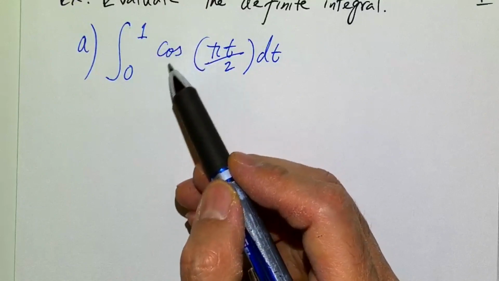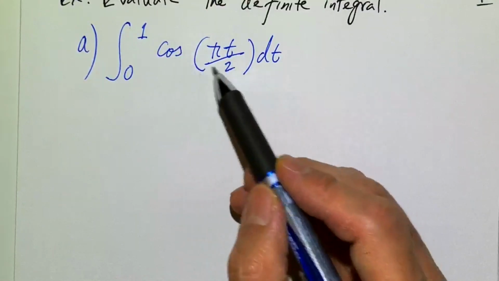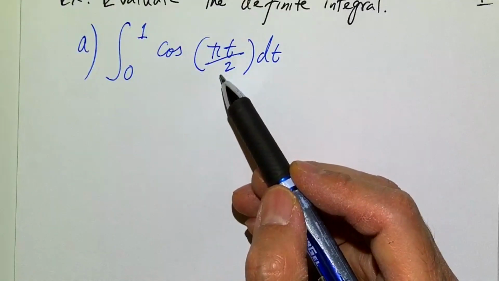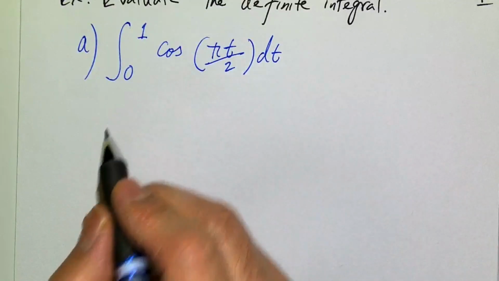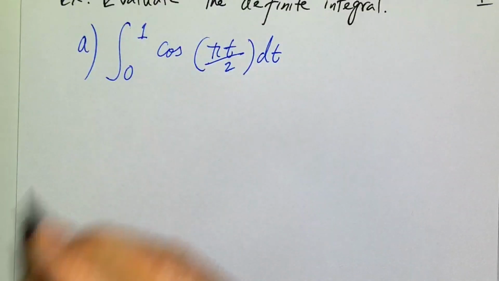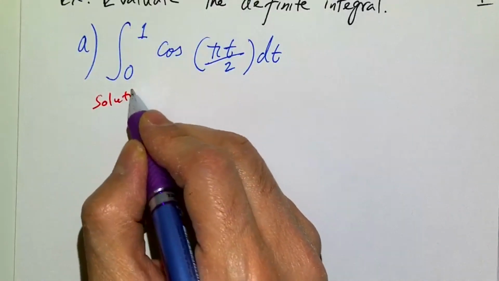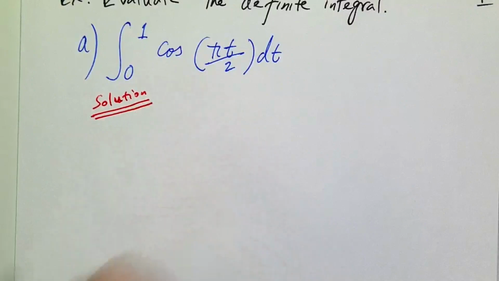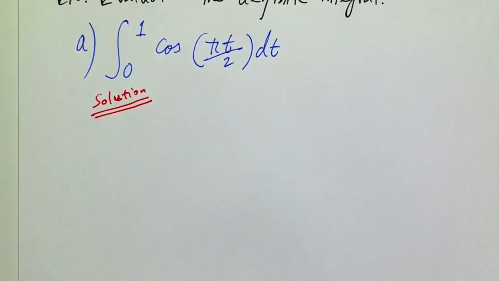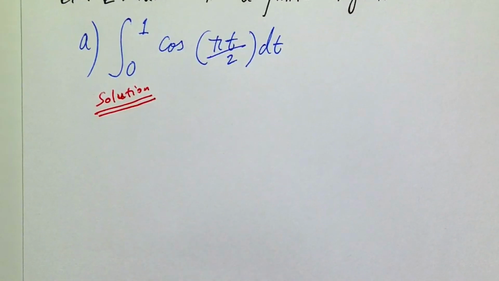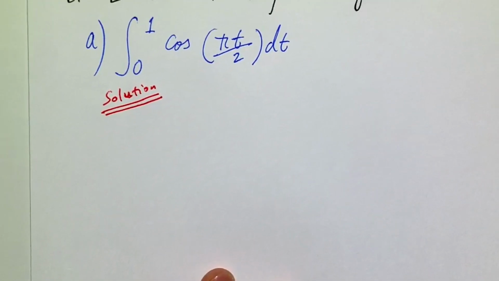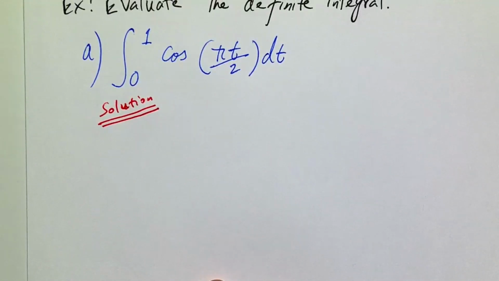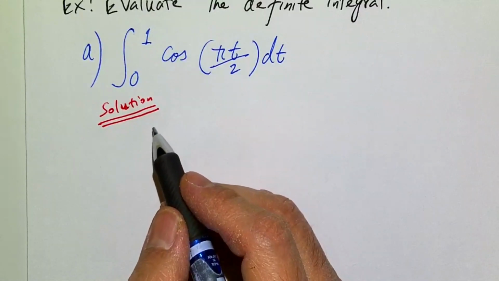That's the main function, and it's the only function here. Let's substitute for pi t over 2. And again, this is the first example of a definite integral and the substitution rule, so it's okay if you want to pause the video, that'll be up to you, but if you don't, that would be okay.